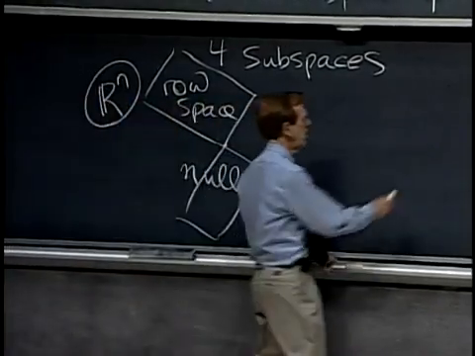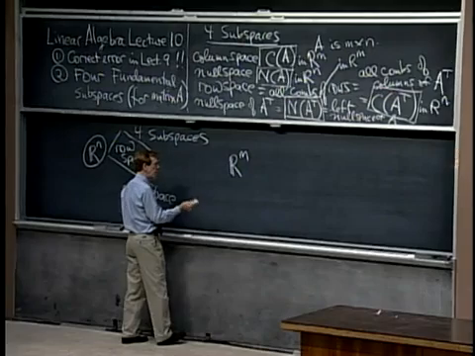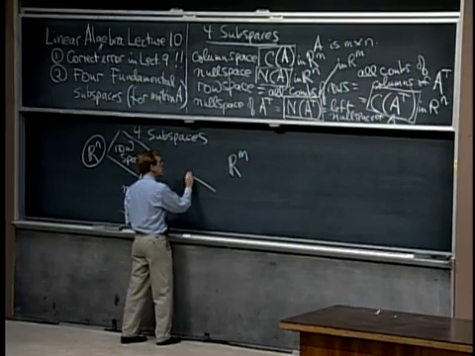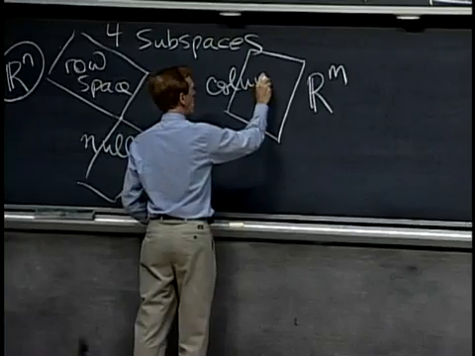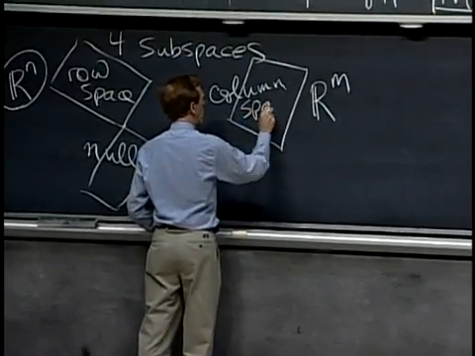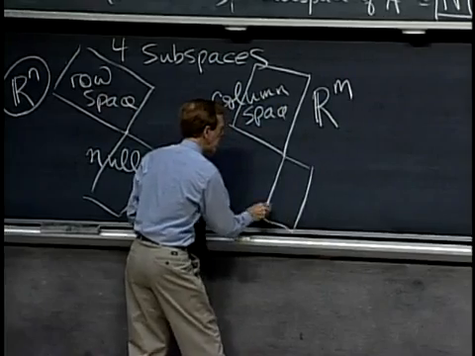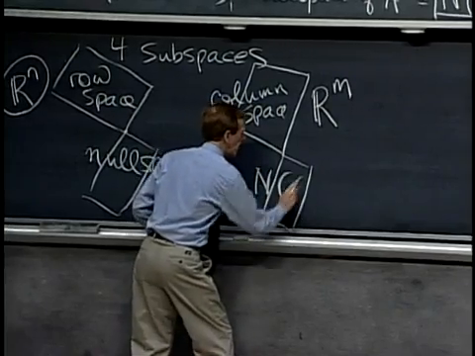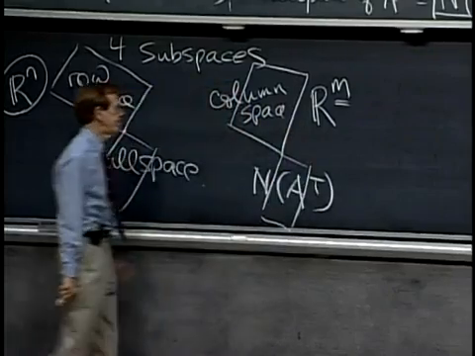Over here, inside, consisting of vectors with m components, is the column space. And what I'm calling the null space of A transpose. Those are the ones with m components.